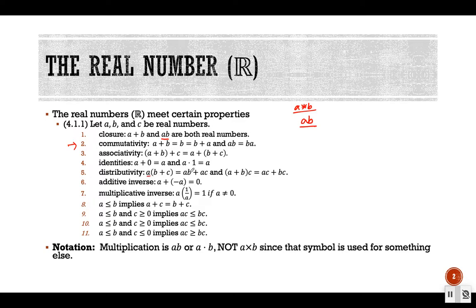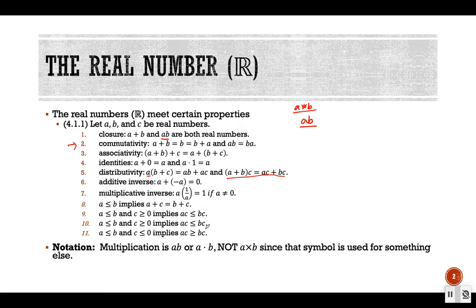So a multiplies b plus a multiplies c, or here also we can distribute the multiplication over a and b. So additive inverse a plus minus a means this is going to cut each other out and it will become 0. And multiplicative inverse a times 1 by a will be 1. Okay, if a is not 0.